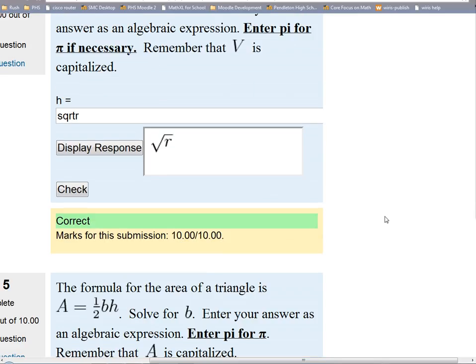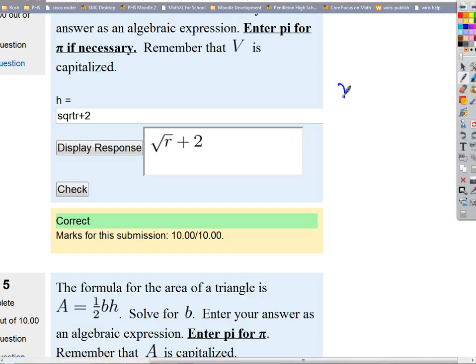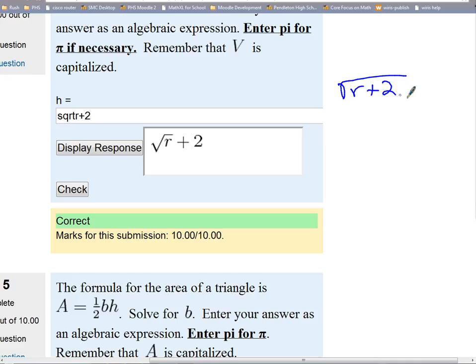Is everybody getting this? Okay. Now, what if I want to do the square root of r, and then outside of the square root I want to do a plus 2? Well, if I put a plus 2 here, that's going to work. You see what I'm saying? The plus 2 is outside of the square root. But what if I want to do the square root of the quantity r plus 2, and let's say a plus 3 that's outside of the square root?